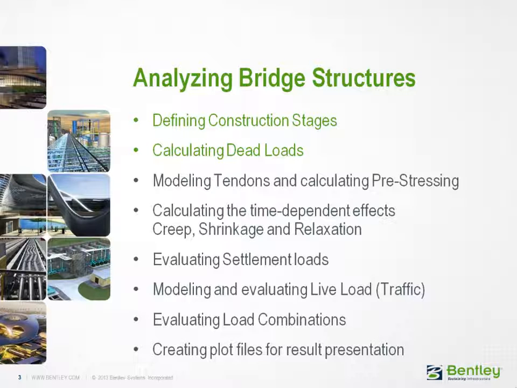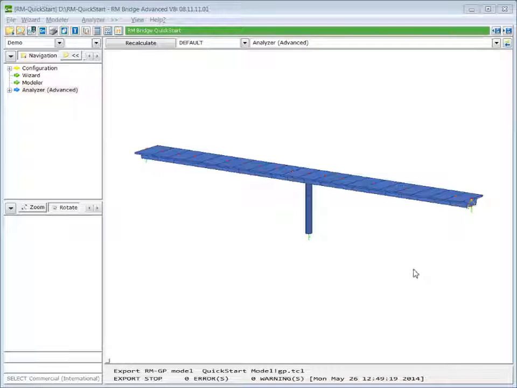In this lecture, we will define the construction stages and apply dead loads on the active structure. We continue with the model of the RM Bridge Quick Start training course, modeling bridge structures within RM Bridge Modeler.